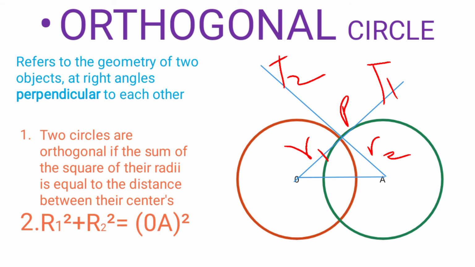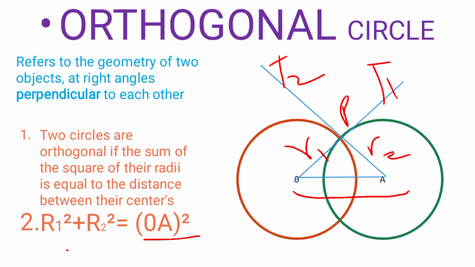Those circles are orthogonal if the sum of the squares of the radii is equal to the square of the distance between their centers. For example, r1 squared plus r2 squared is equivalent to OA squared. This is the distance from O to A.